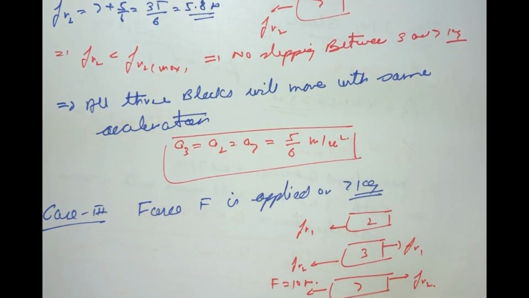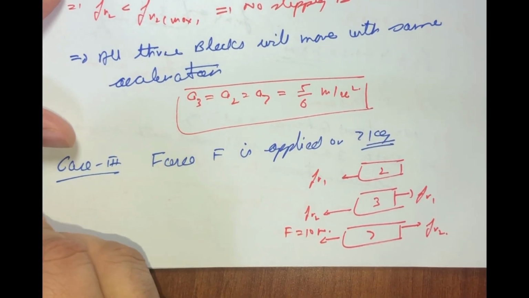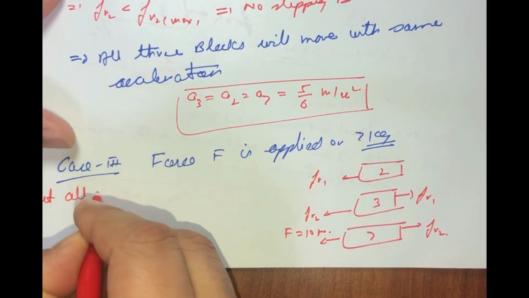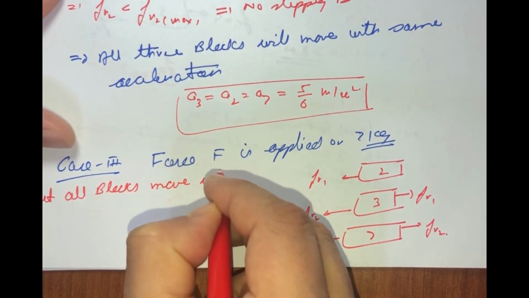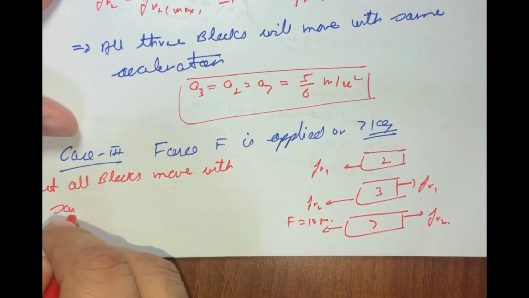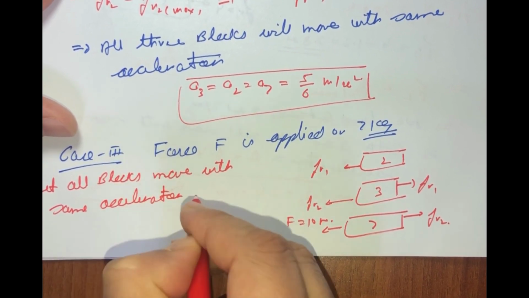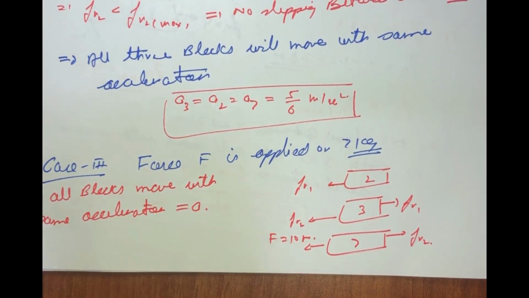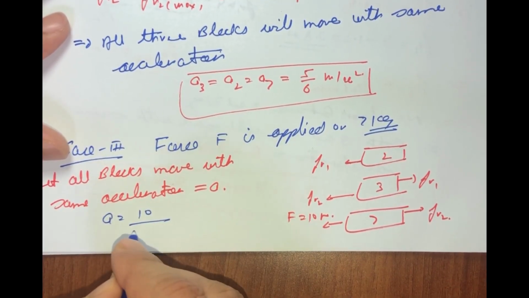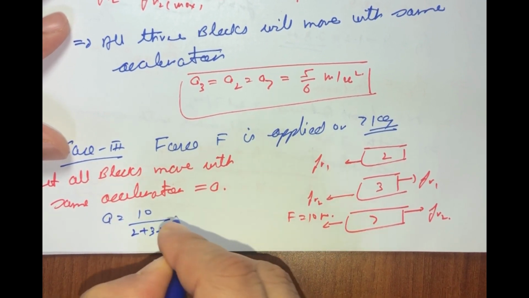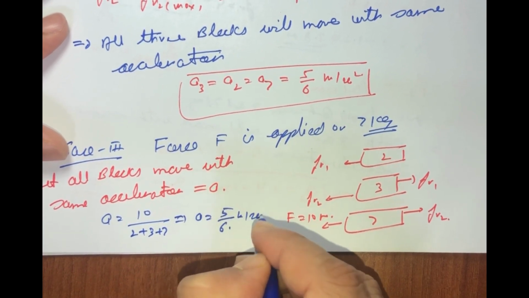In this case also we assume that all three blocks move with the same acceleration A, and we already calculated it will be the same. A will be equal to 10 divided by 2 plus 3 plus 7, so A will be equal to 5/6 meter per second square.